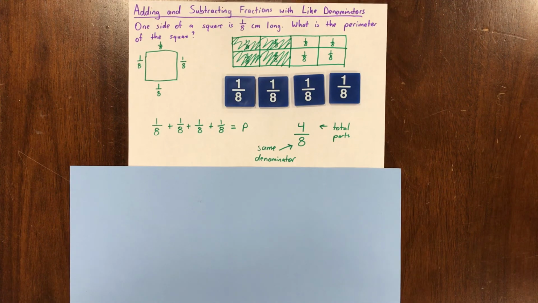When we add the numerator, it changes because we're adding the parts of each fraction. When we add the denominator, right, that stays the same because the number of parts in one whole doesn't change. You could also think of this as the size of the whole doesn't change.